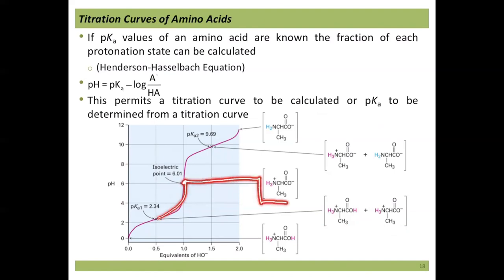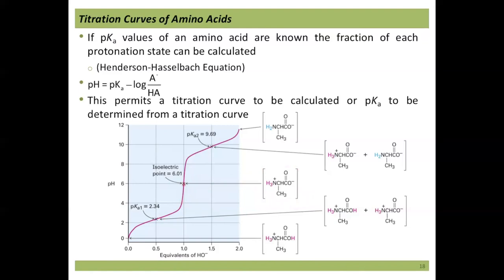And once we get to that point, we get the zwitterion, and we refer to this as the isoelectric point, when the overall amino acid has a neutral charge, even though individual atoms are charged. So this has an overall charge of 0, even though we can see that the amino acids have charges.